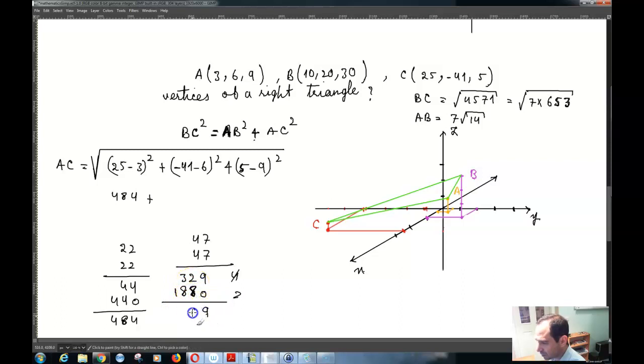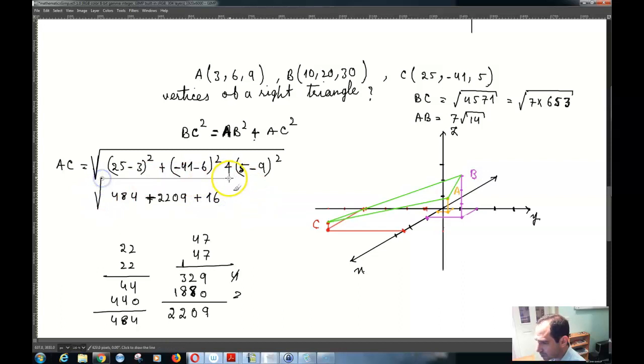Which gives 2209. And that's negative 4 squared, which is equal to positive 16.